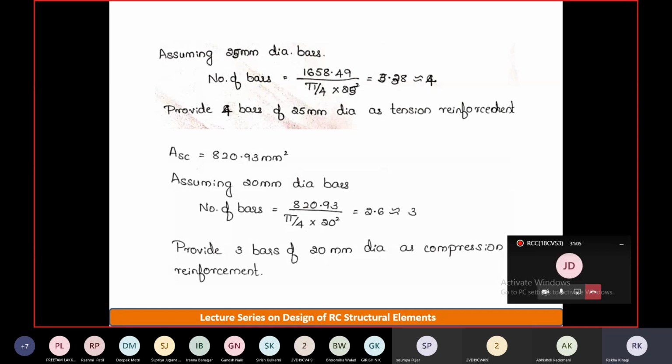Remember, whenever you have decimal places in the number of bars, we need to consider the next higher rounded number for the AST calculation. So we need to provide 3 bars of 20 mm diameter as compression reinforcement.